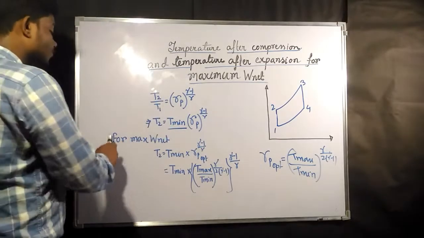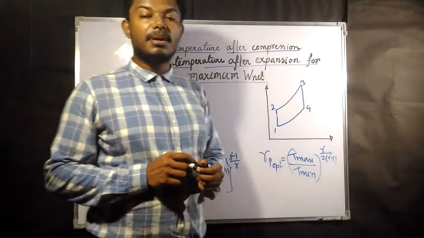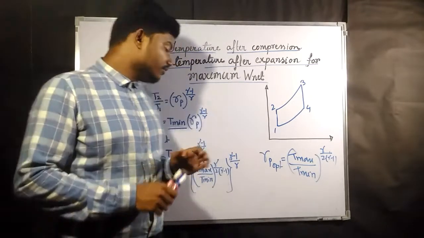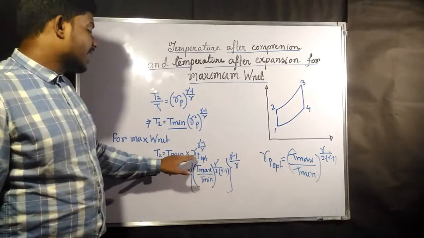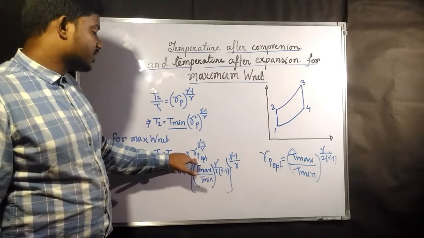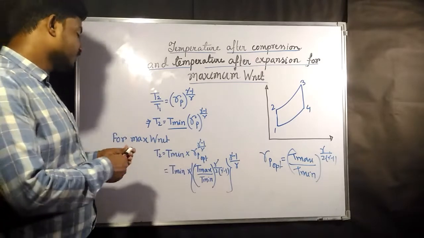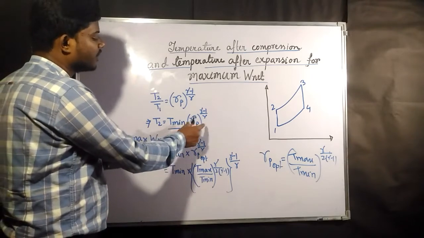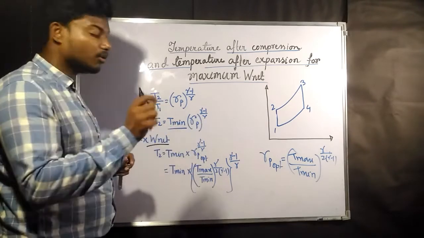Now for maximum W net, what is the condition we know for maximum net work? For maximum net work we know that Rp should be Rp optimum. The optimum value of pressure ratio is going to give us maximum W net. That means in this equation we replace Rp by Rp optimum.